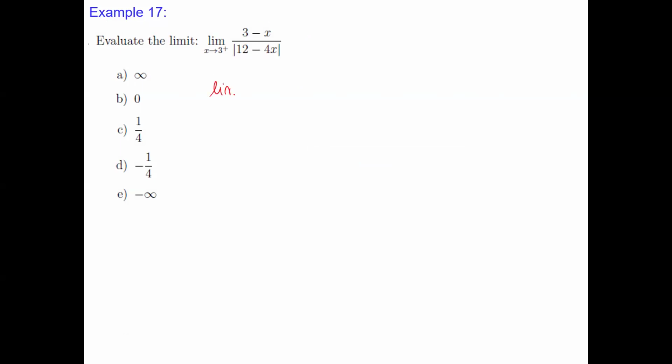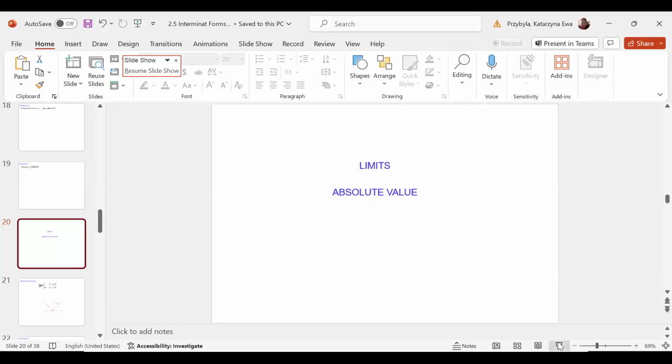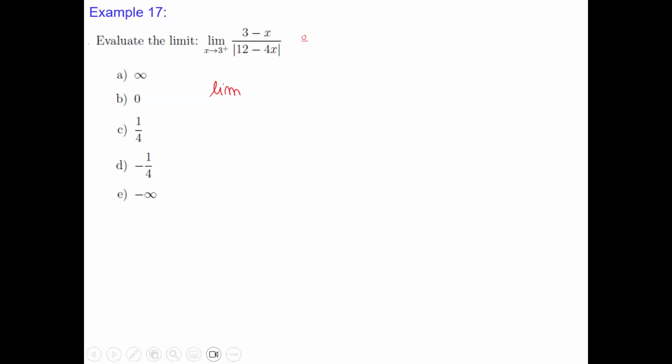Okay, that means I can write 0 over 0. Then we know what to do. We have to find a common factor and cancel out, but in between, rewrite the expression without the absolute value.